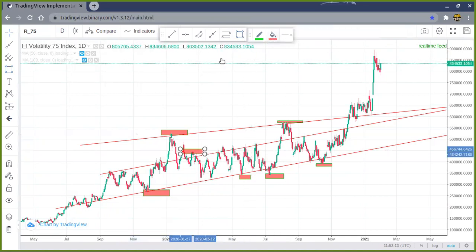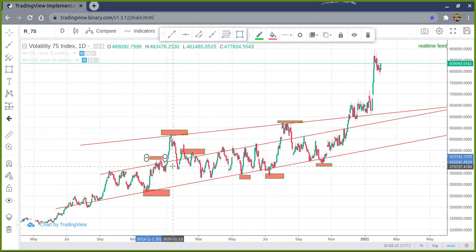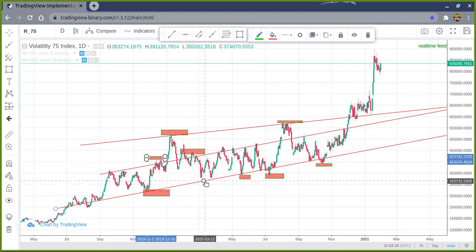This is the head, shoulder, another shoulder. So this is something that we can respect as a head and shoulder if we were using those patterns.